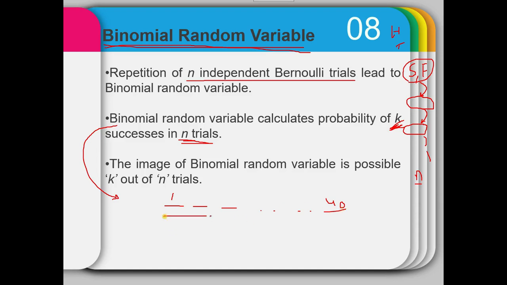For example, the first 35 students could pass the course, the last 35 students could pass the course, or any 35 students in this group of 40 could pass. Each student is a Bernoulli trial because he either passes or fails the course. Then I repeat this experiment 40 times, so the value of n is 40 because the experiment was repeated 40 times.